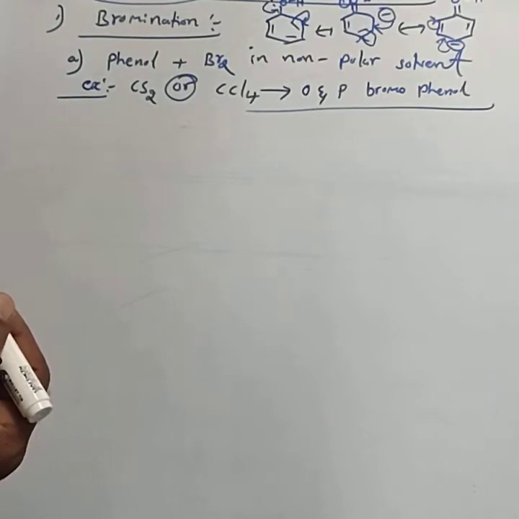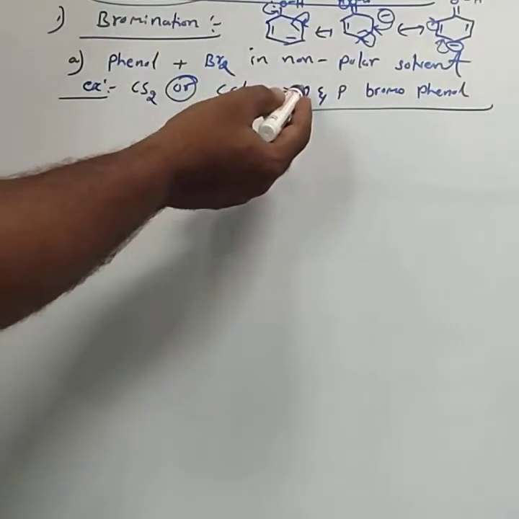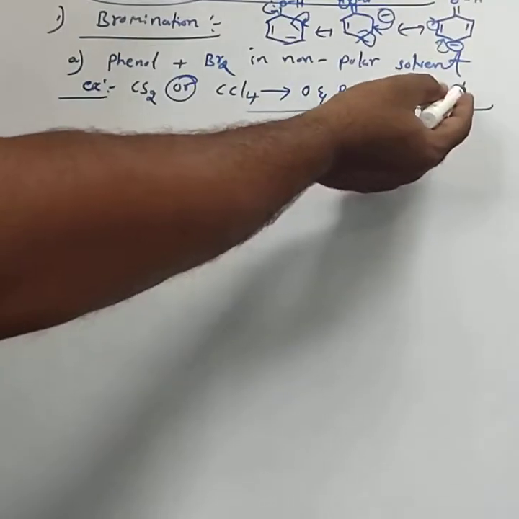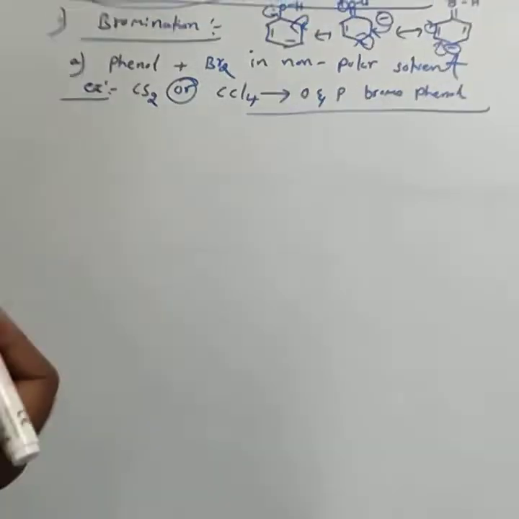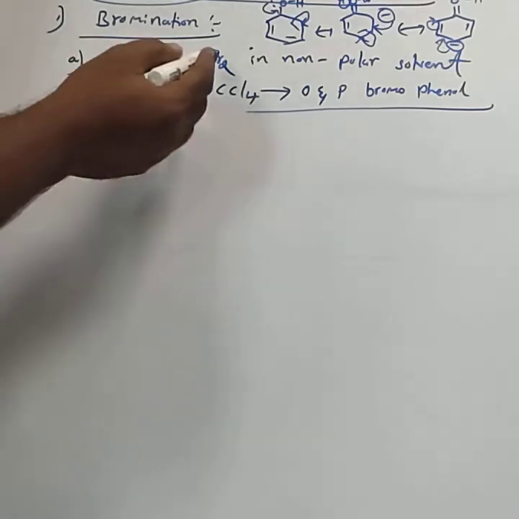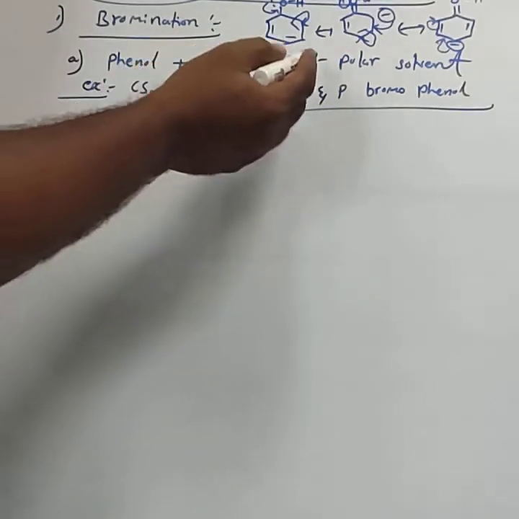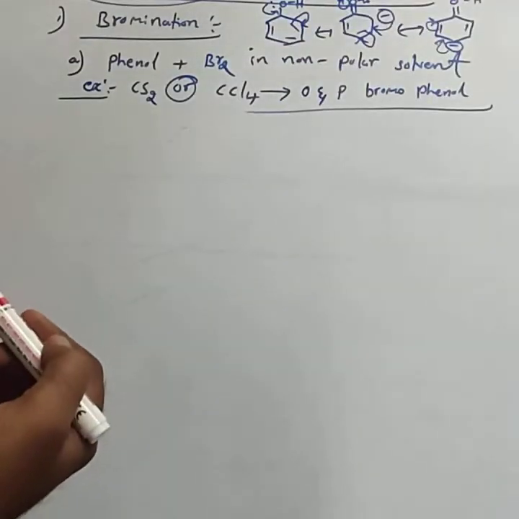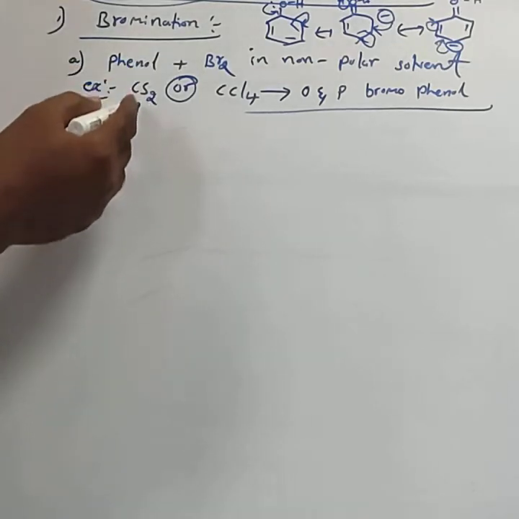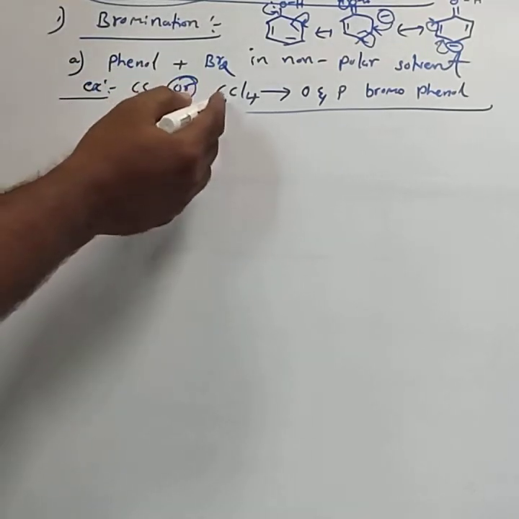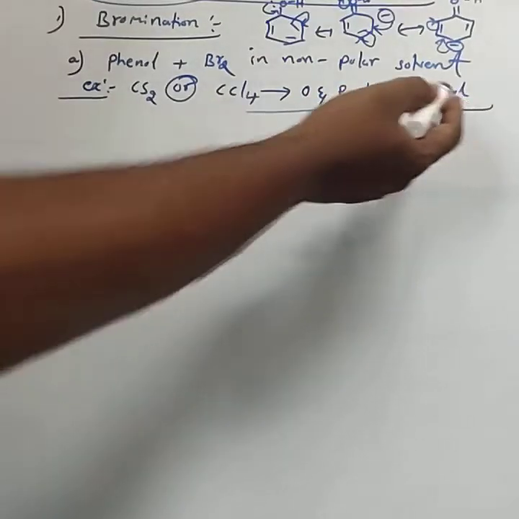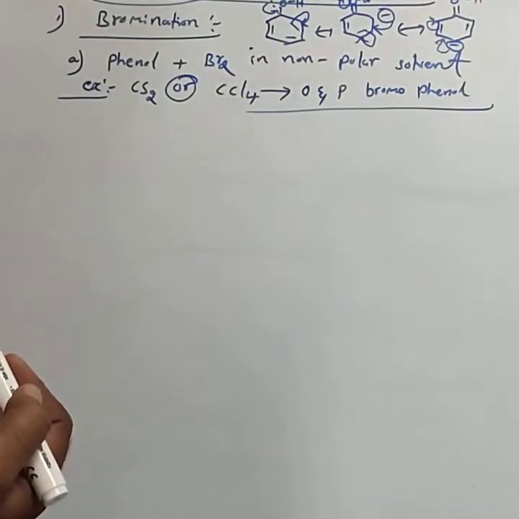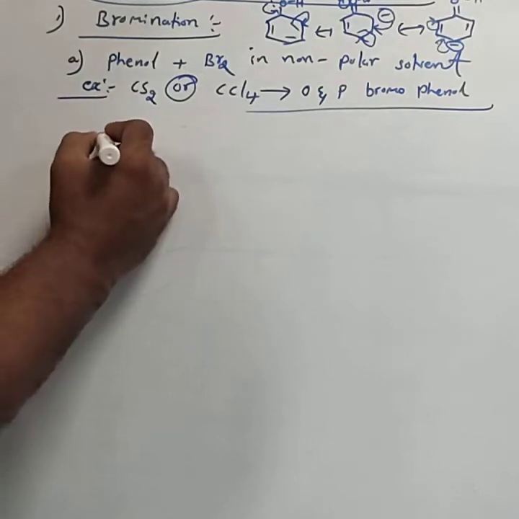You have to write the two products: ortho-bromophenol and para-bromophenol. Phenol treated with bromine in a non-polar solvent like carbon disulfide or carbon tetrachloride forms ortho-bromophenol and para-bromophenol.